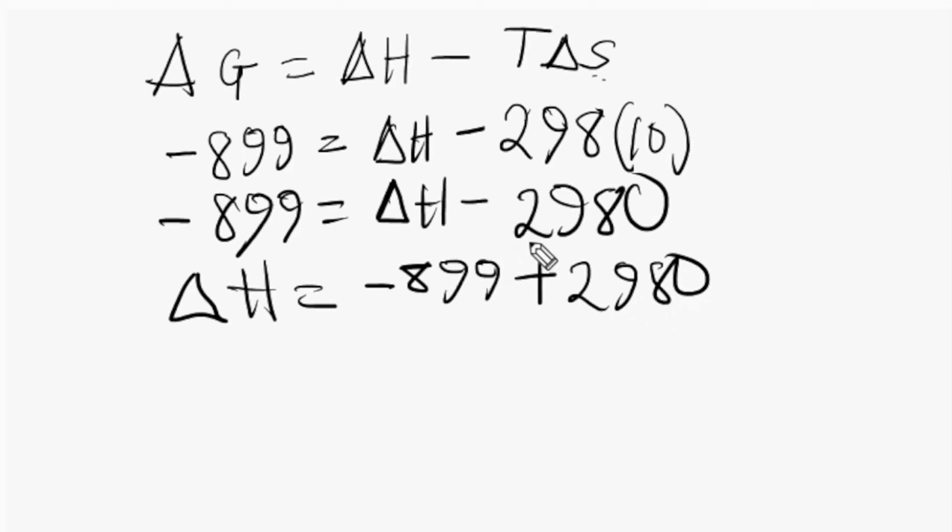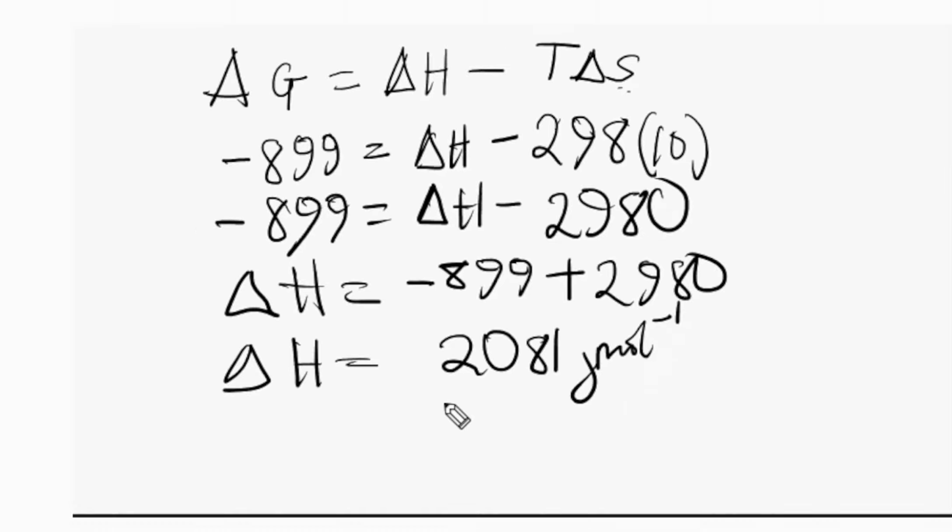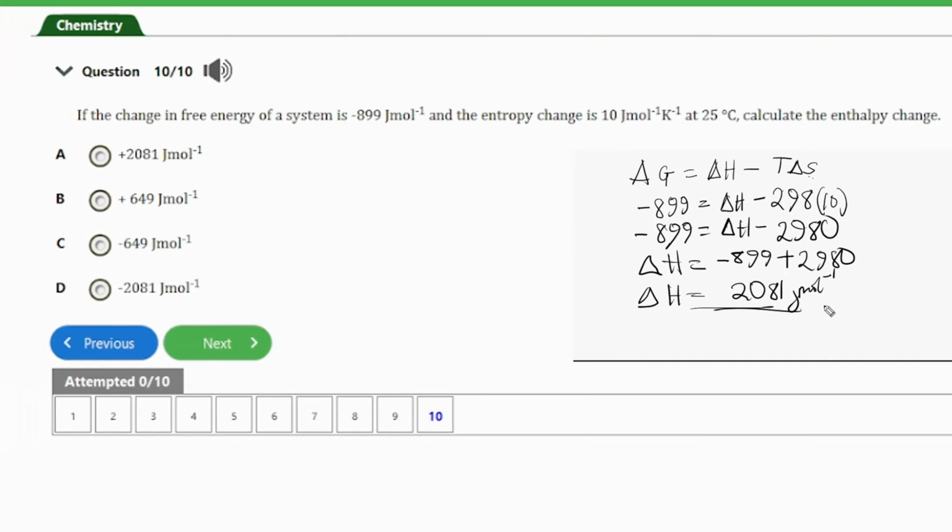You can still rearrange this to be 2980 minus 899. So in any case, you're going to have delta H to be 2081 joule per mole. So guys, that's option A here, and that's the answer to this question.